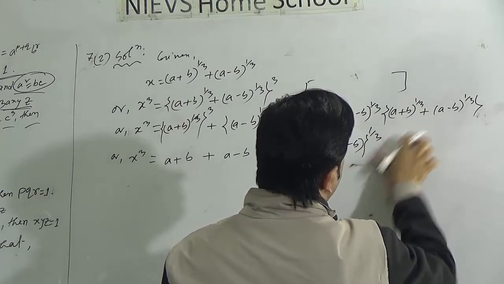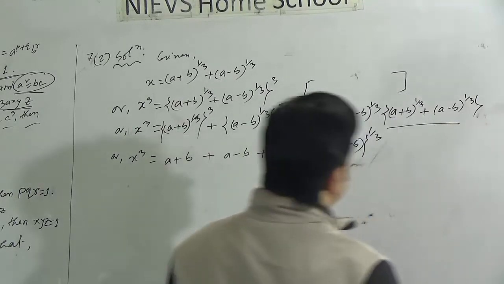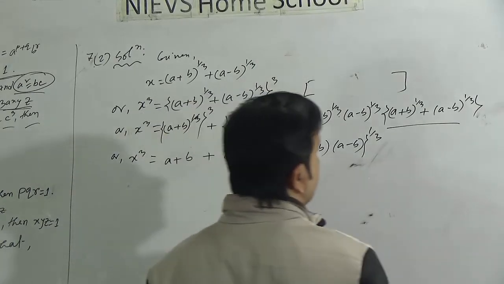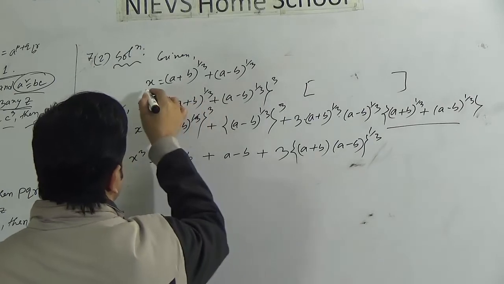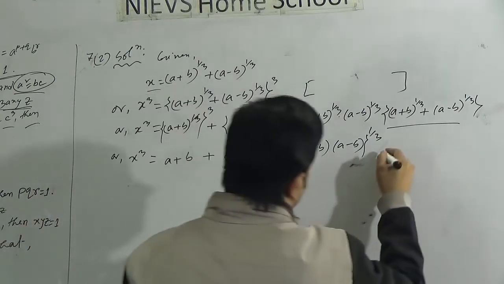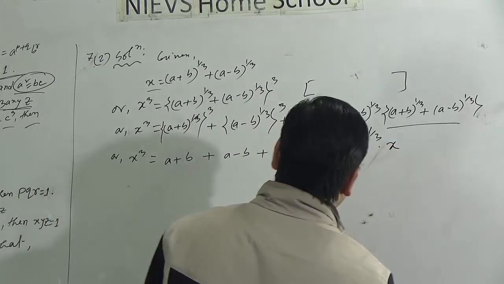Now we can write here: (a plus b) whole to the power 1 by 3 plus (a minus b) whole to the power 1 by 3 means we can write this as x. This is given, so this must be x.